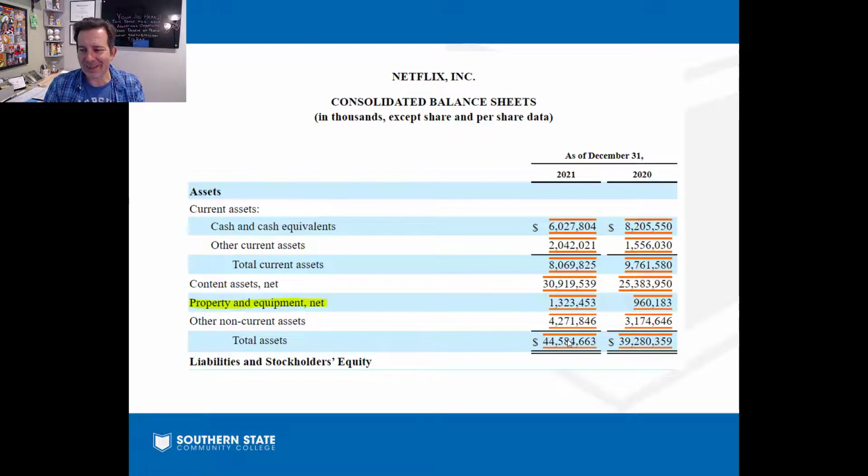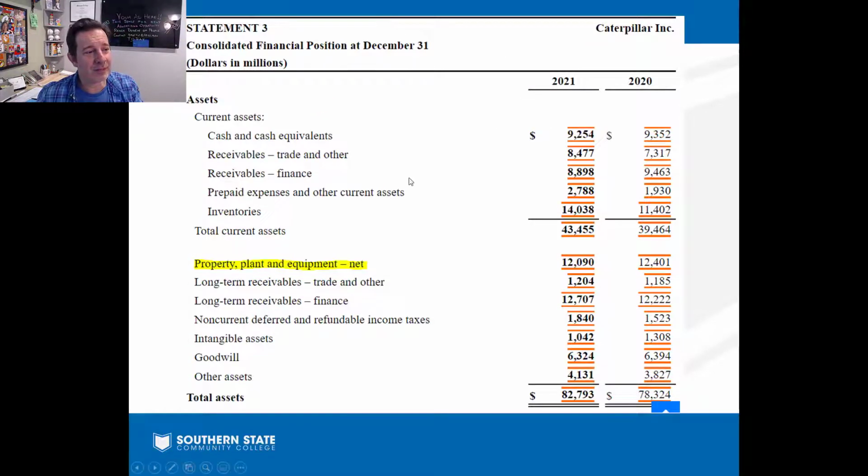They don't operate any theme parks. It's basically something that you get through your computer. You don't have to go anywhere to buy it. You just get online. So they don't need a ton of property and equipment to sustain that. They may have an office building, and they may have a site where they keep the servers or whatever. But generally speaking, they don't need a ton of property and equipment.